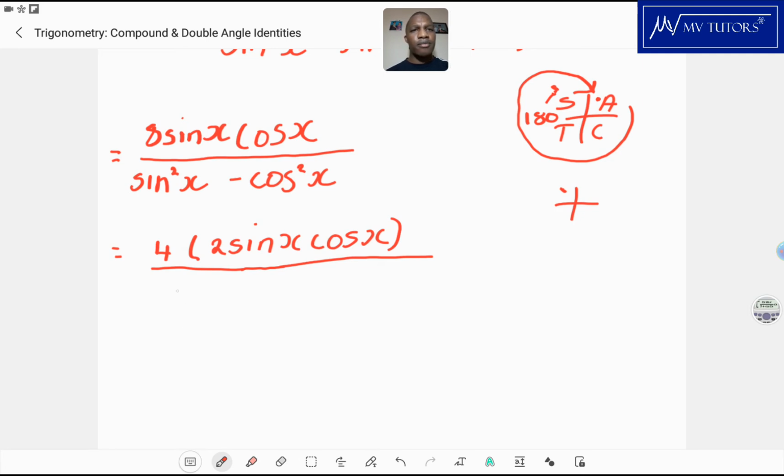How I'm going to manipulate is that the cos has to be positive and the sine has to be negative. So I'm going to take out a negative. Once I do that, the cos inside the brackets is going to be positive, and the sine is going to be negative.